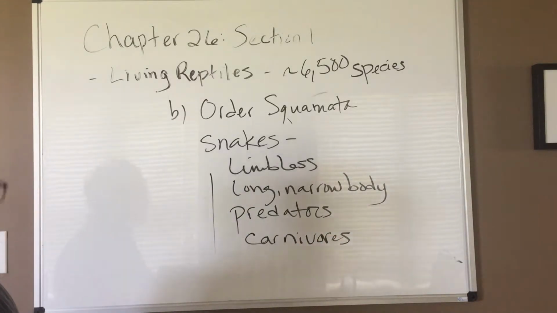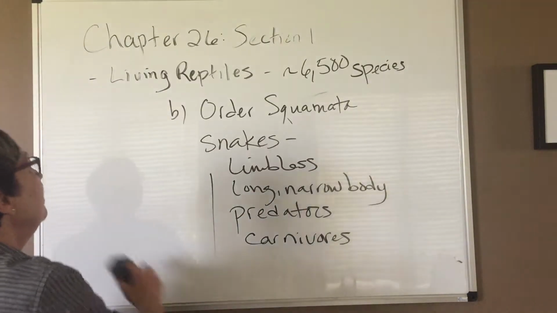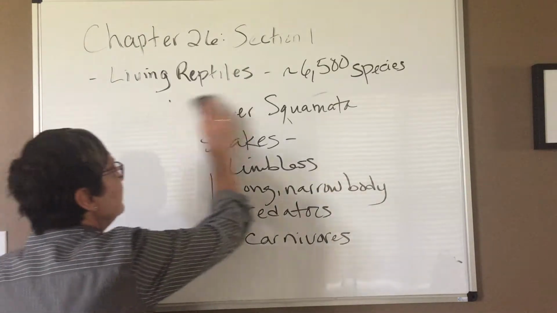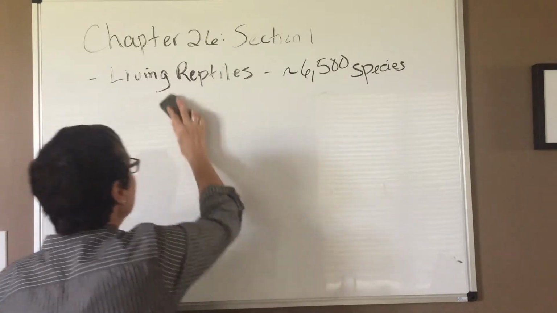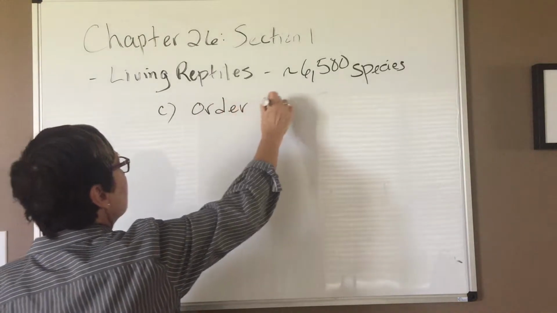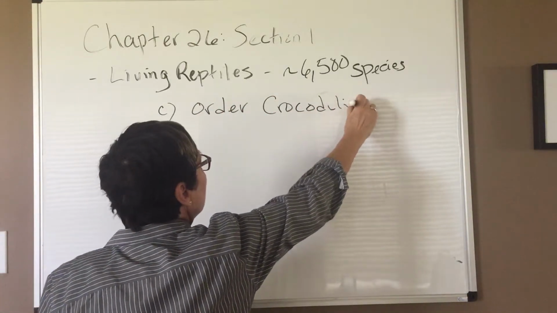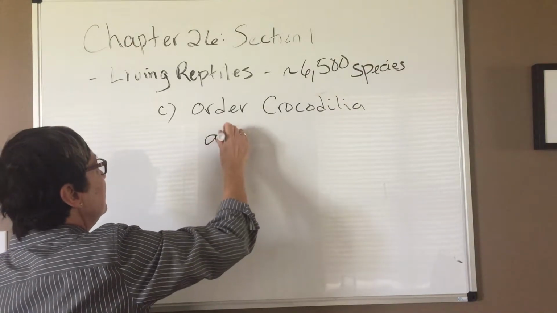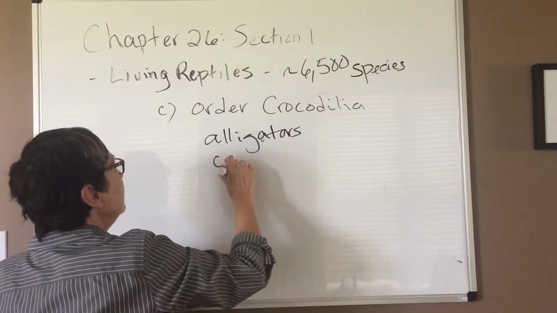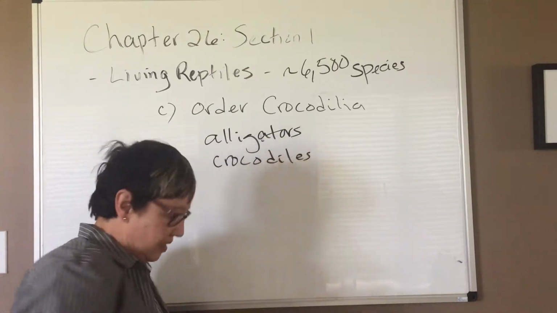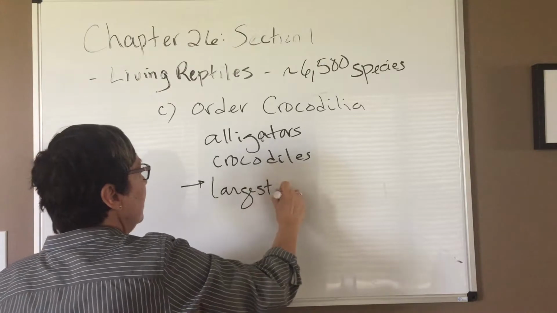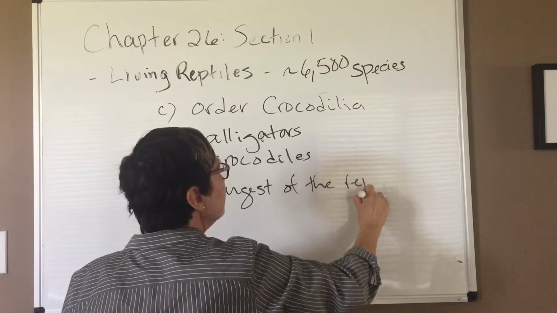All right, let's look at the third group within the reptiles. And these, by far, are the more advanced of the reptiles, and that is the order Crocodilia. So this is C, order Crocodilia. This includes the alligators and the crocodiles. These are definitely the largest of the living reptiles.